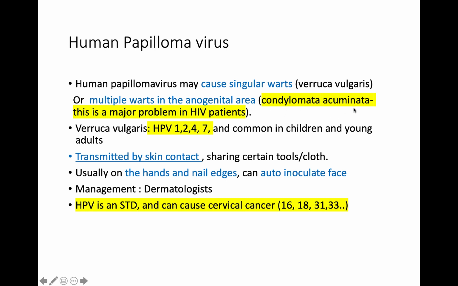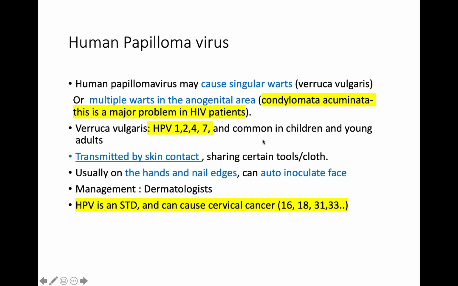This is condyloma acuminata, which is a major problem in HIV patients. They sometimes like to use it in board exams to mention that they have some skin problem around the anus. So you can say, oh, with his condyloma acuminata, he might have advanced disease of HIV or something. So this might be your only clue in the question that this patient has HIV.